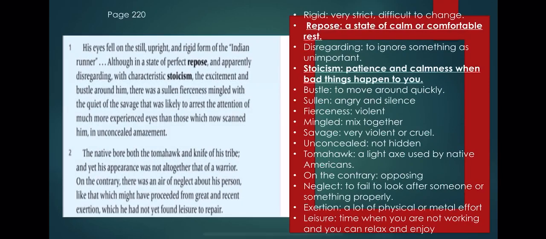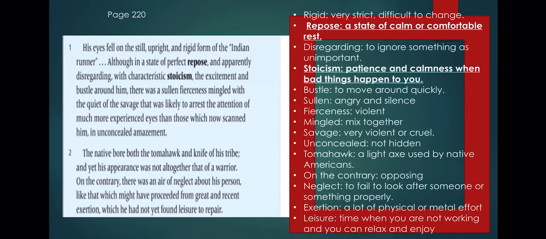Now let's move to the second part, to the paragraph. It was an introduction, which is page 220. His eyes fell on the still, upright and rigid form of the Indian runner, although in a state of perfect repose, and apparently discarding with characteristic stoicism the excitement and bustle around him.